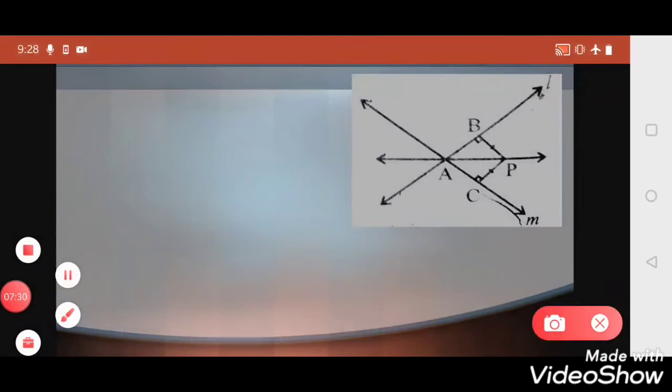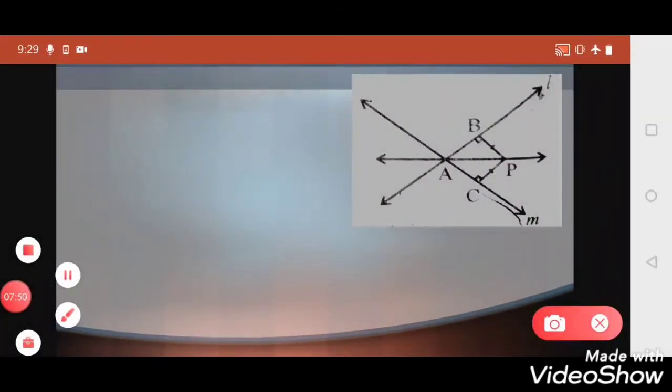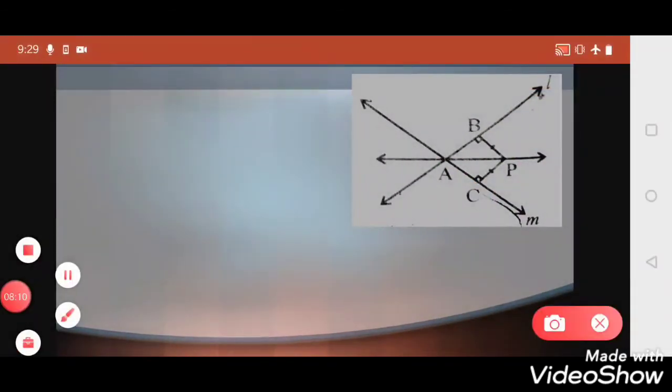First let's see the figure. According to the question, it is already given that line L and line M both intersect at point A. This is your point A. Already we have taken PB perpendicular to L and PC perpendicular to M. And this point P is equidistant from line L and line M. So the third thing given is that PB will be equal to PC.